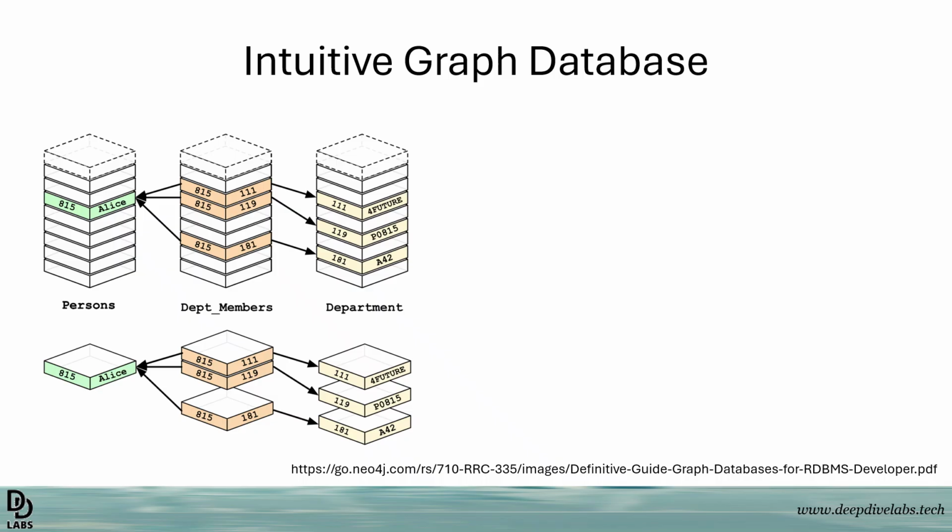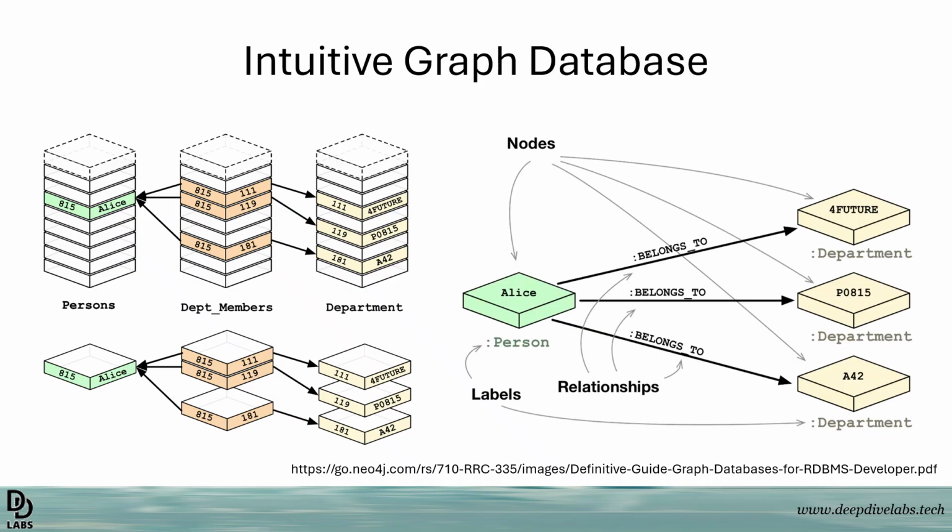So this ability to pre-materialize relationships into the database structure allows graph databases to provide a minutes to milliseconds performance advantage of several orders of magnitude, especially for join-heavy queries.